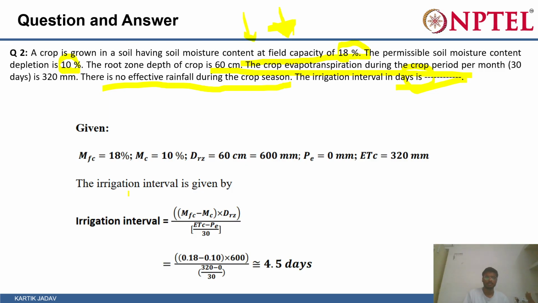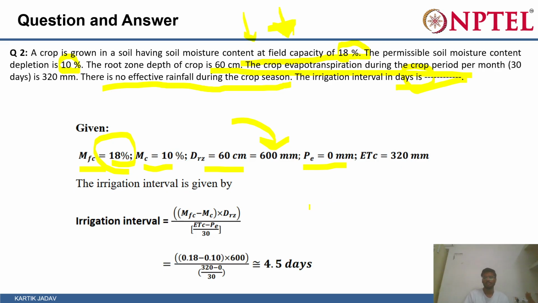So field capacity is given as 18%. Permissible depletion allowed in the crop is around 10%. Depth of root zone is 60 centimeter, nearly equal to 600 mm. Then P effective is 0, and ETC, crop evapotranspiration during that one month, is 320 mm.